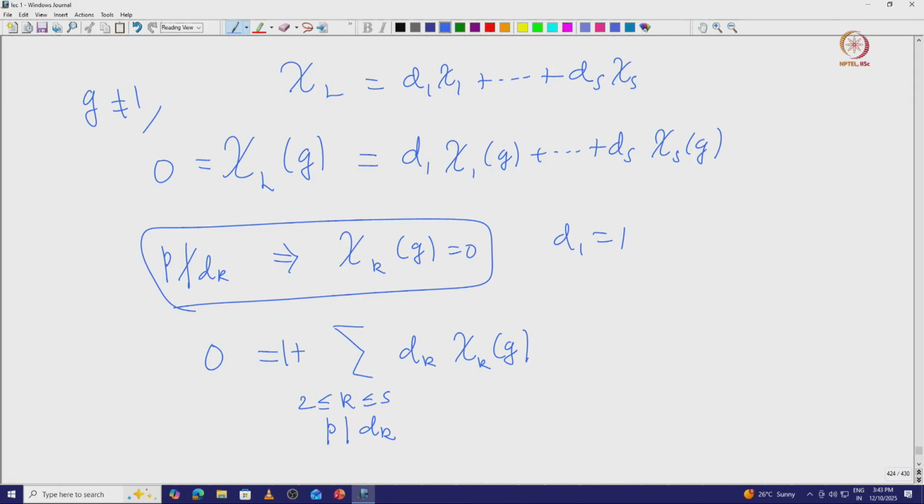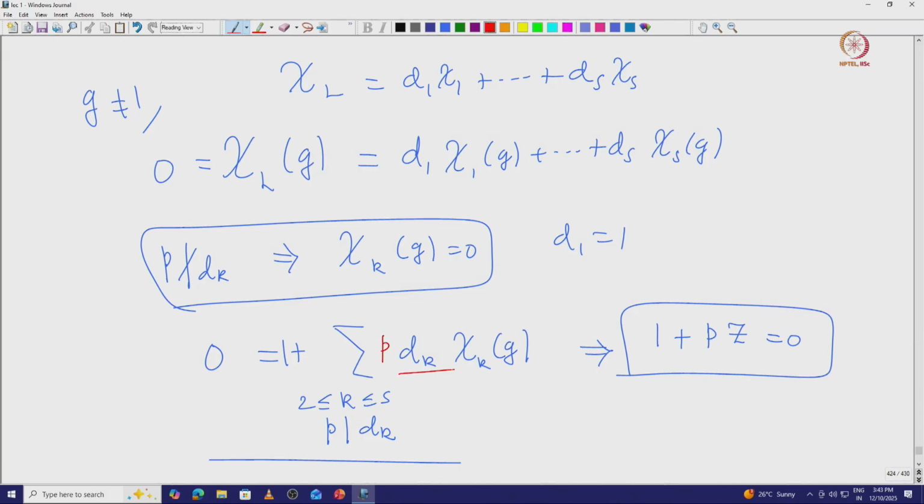Whenever p does not divide d_k, chi_k of g is 0, so you get exactly this. Now if you simplify this, it would imply that 1 plus p times z is equal to 0, because we can multiply by p here and then divide by p here, and take out the p from the sum of these elements.